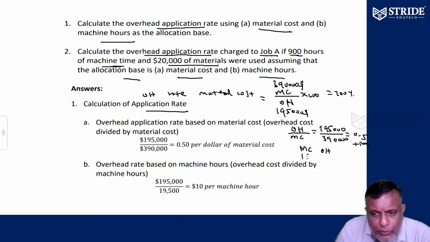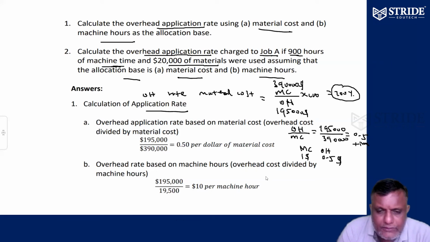You can say 0.5 times, or you can say 200%. Either way, we can say that.